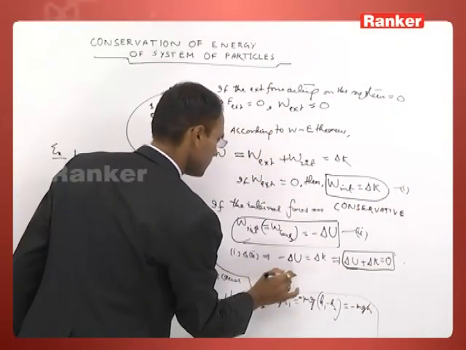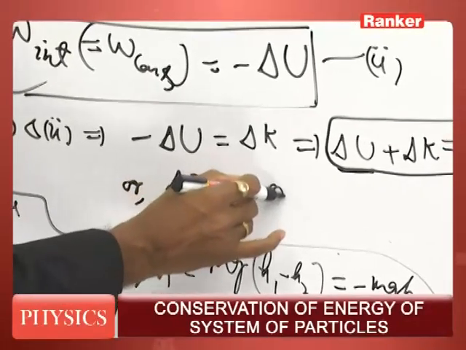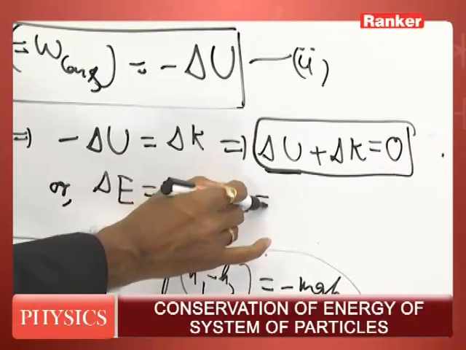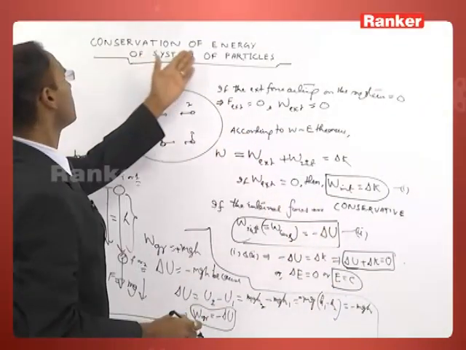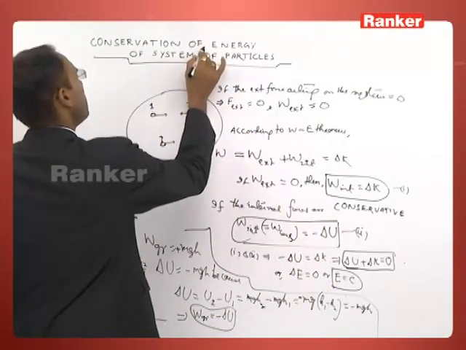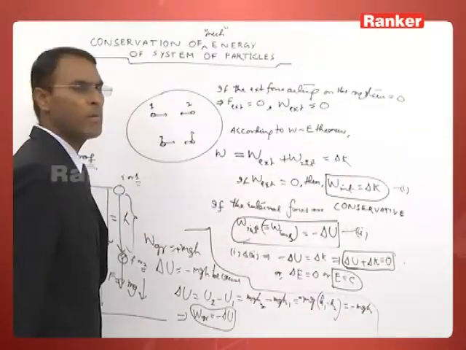Or you can write change in total energy equal to 0, or you can write total mechanical energy remains conserved. This is what we call conservation of energy, meaning mechanical energy of the system of particles.